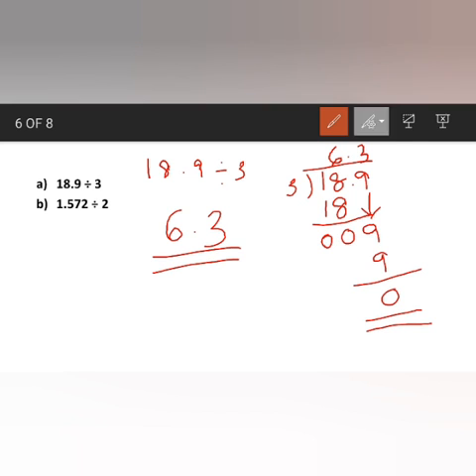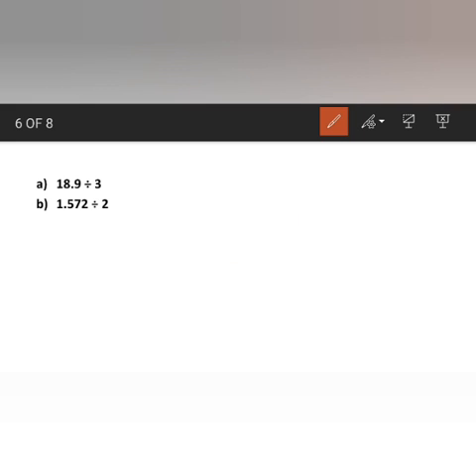Now let us do the next one. It is 1.572 divided by 2. Let us do that. Here you can see 1 is less than 2. So 2 will go 0 times, so you can put 0 here in the quotient part. 2 into 0, it is 0.